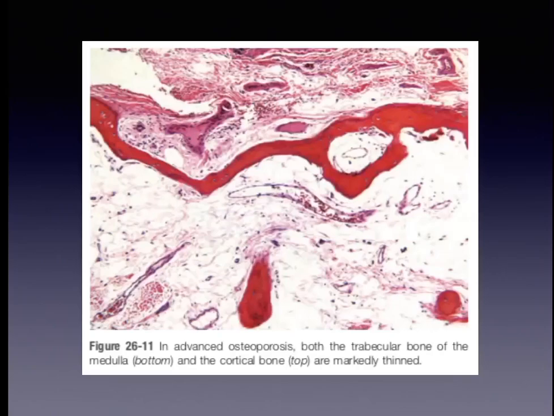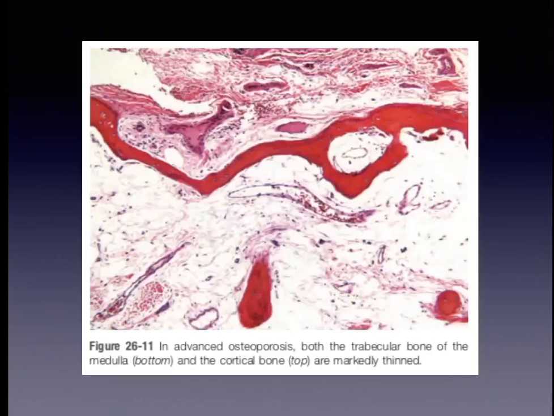In the initial stages of osteoporosis, the measurement of blood levels of calcium, phosphorus, and even alkaline phosphatase are not diagnostic. It is also a difficult condition to screen in asymptomatic people.